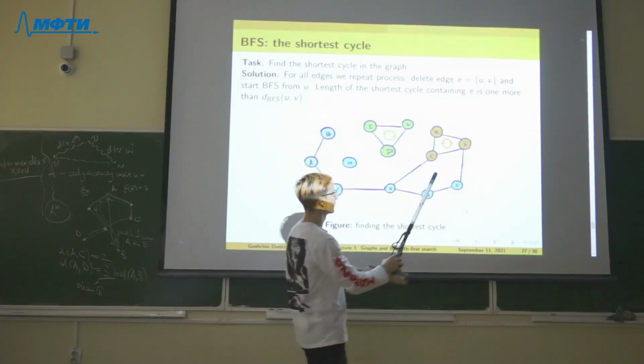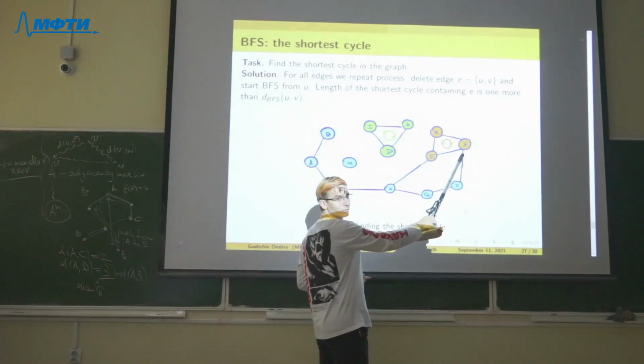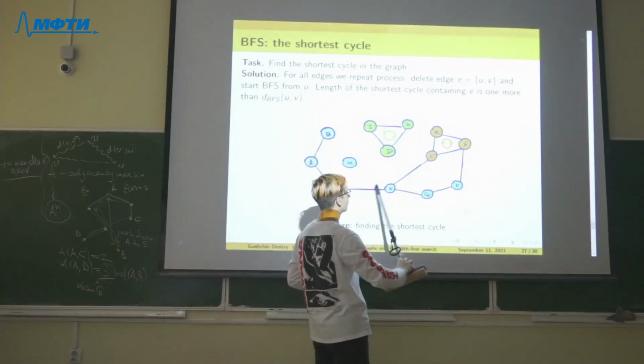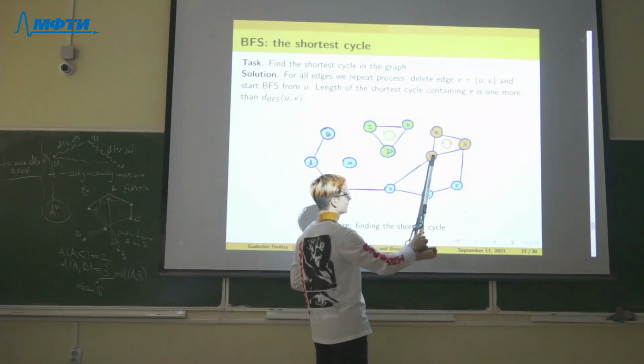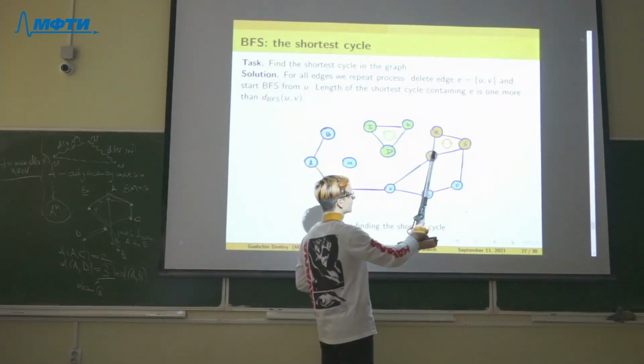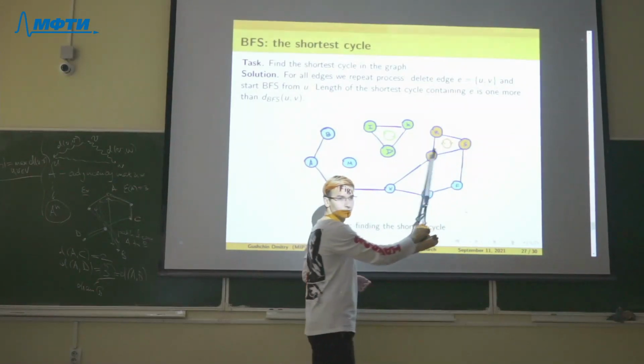So, for example, if we drop this edge from our graph and start BFS from E, we see that the path from E to S is equal to 2, yeah?